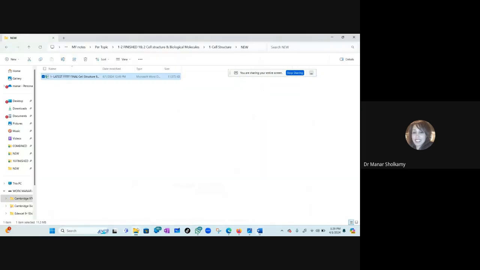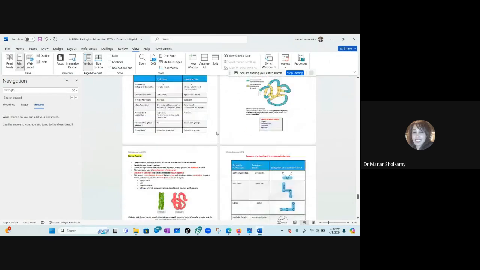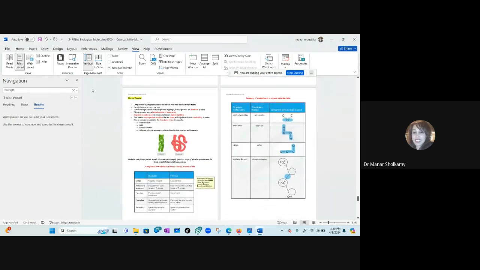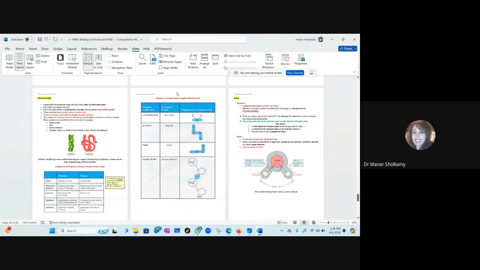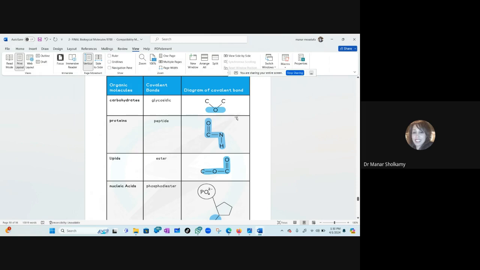This is not what I want. Okay, where is it? Here. There, you have it in your notes, this page that shows you a summary of all the covalent bonds in organic molecules. Please pay attention to this table.